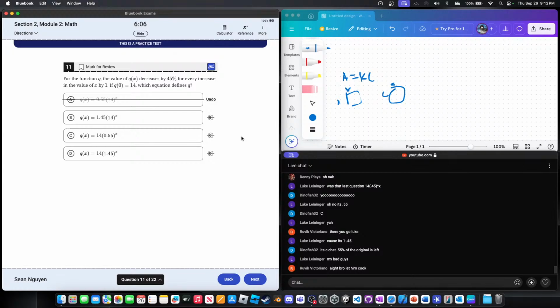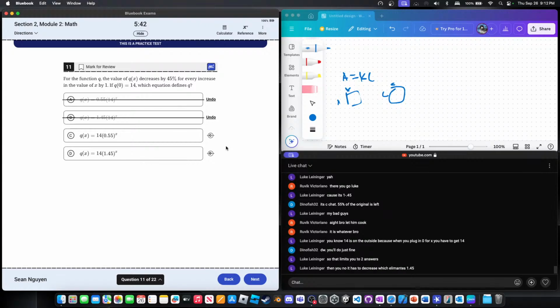For every increase in the value of x by 1. Yes, well, yeah, I know. I gotta remove that one too. But why is it 0.55? Why is it 0.55 though?